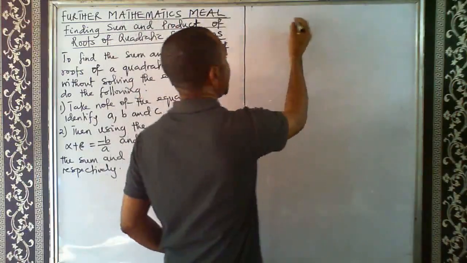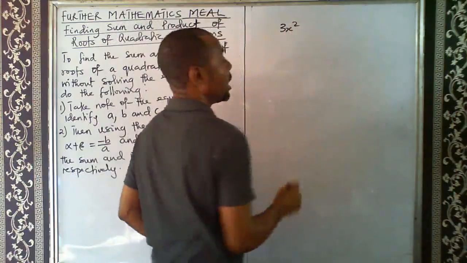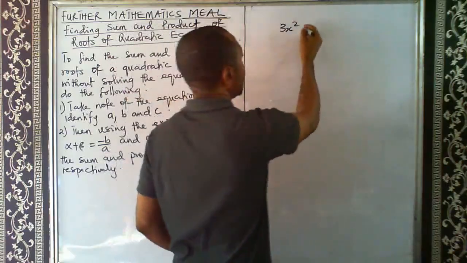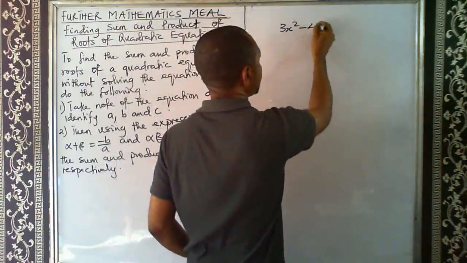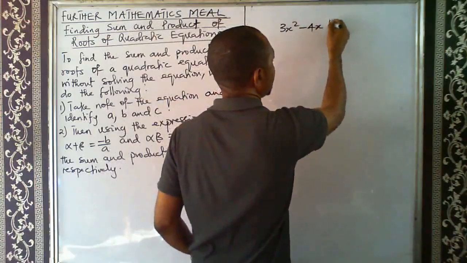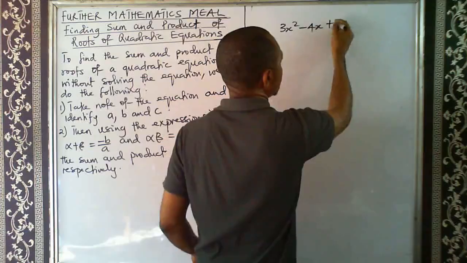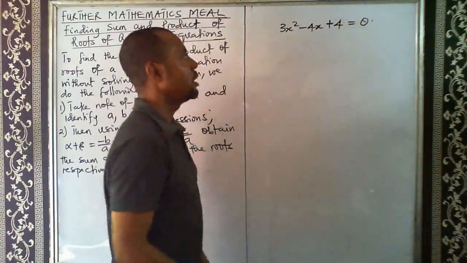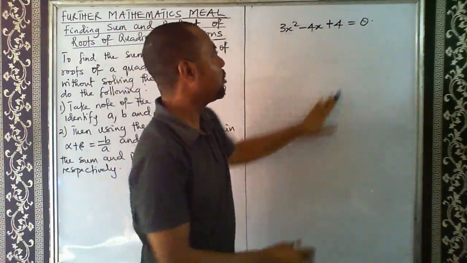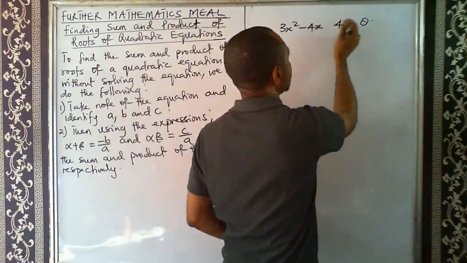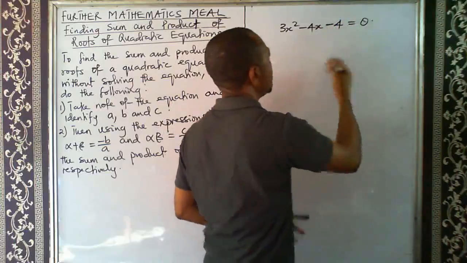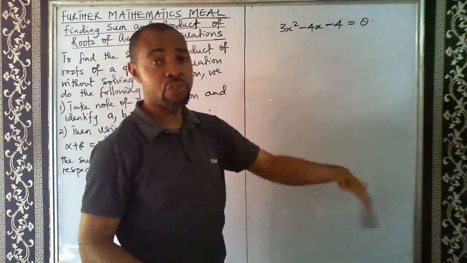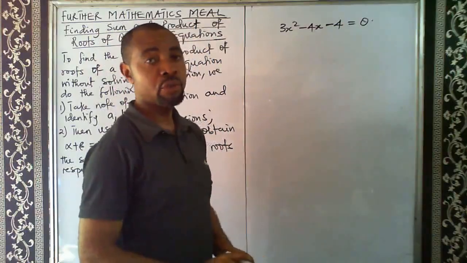So if I have a quadratic equation, for example 3x squared minus 4x minus 4 equals 0, and I'm trying to find the sum and the product of the roots of this quadratic equation.